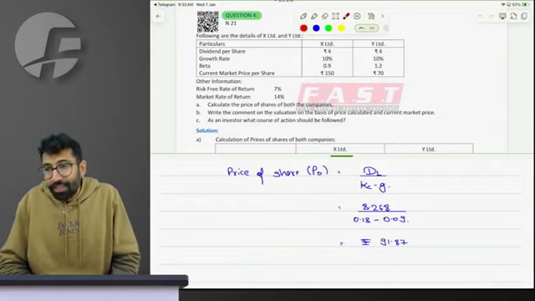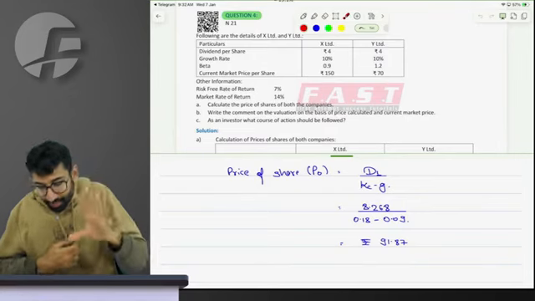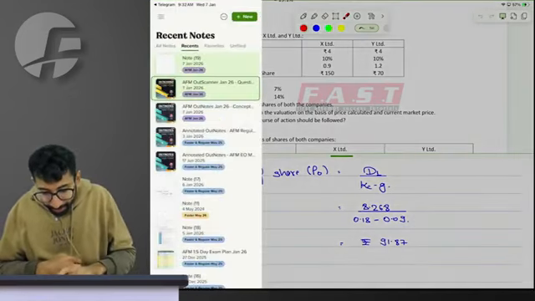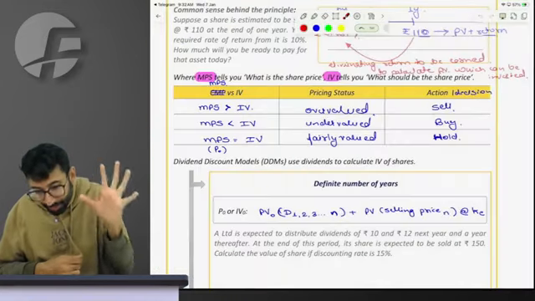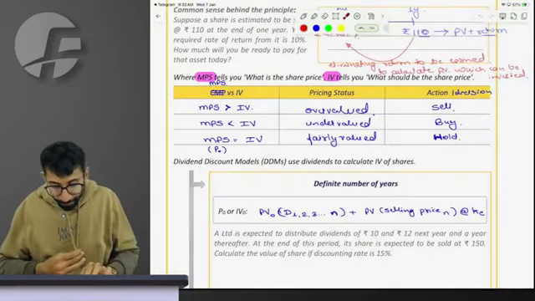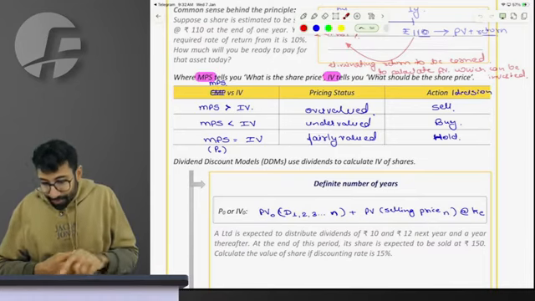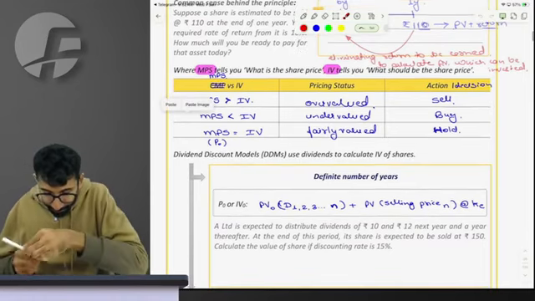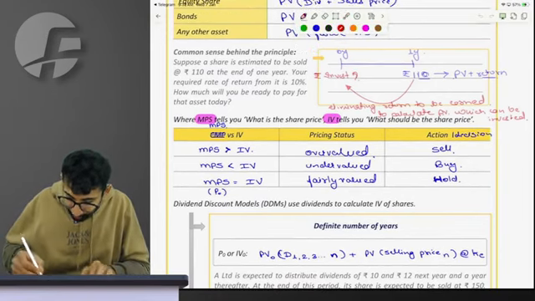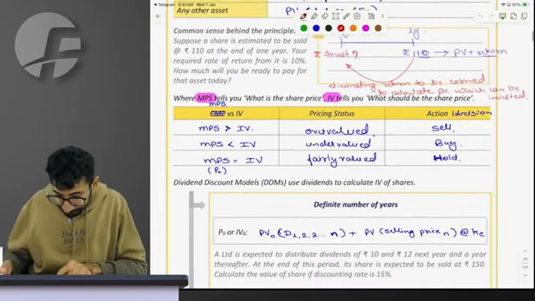Shruti, Harshita, other live and recorded people sitting here, was that a point of clarity that we discussed, that you have to always comment on the actual market price? Or was that quite obvious? Was that a point of clarity or was that obvious?